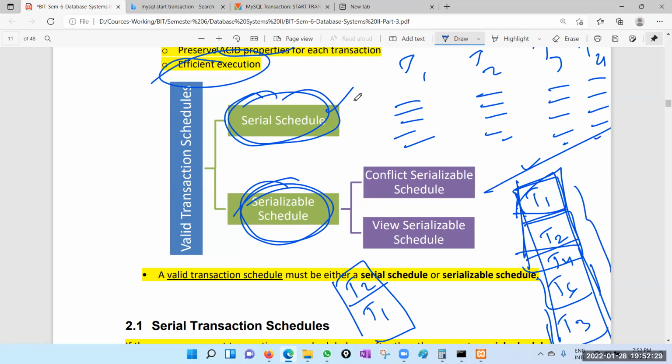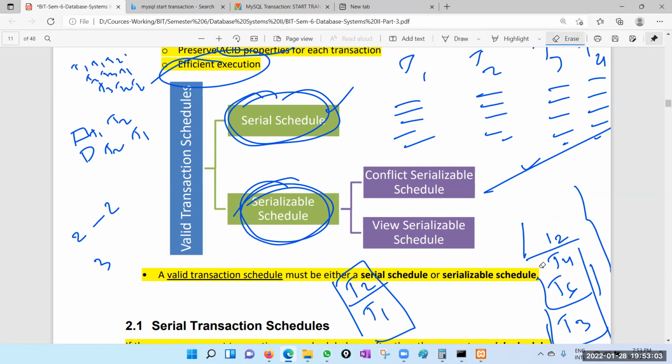Okay. And also, if there are two transactions, there are two possibilities, T1, T2, and T2, T1. Three transactions: T1, T2, T3, and T1, T3, T2, and T2, T1, T3. How many possibilities are there? Anyone?